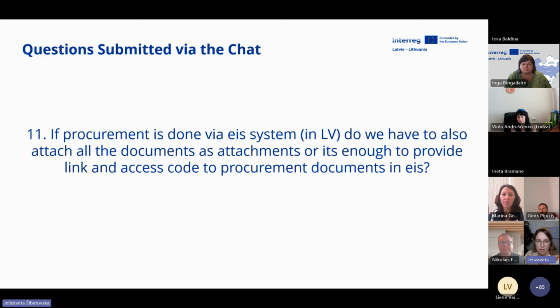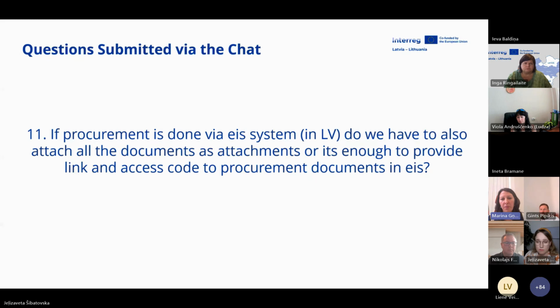If procurement is done via the EIC system in Latvia, do we also have to attach all documents as attachments, or is it enough to provide a link and access code to the procurement document in this system? If procurement is done electronically via a system in Latvia or in Lithuania, you can provide the link in the procurement section.